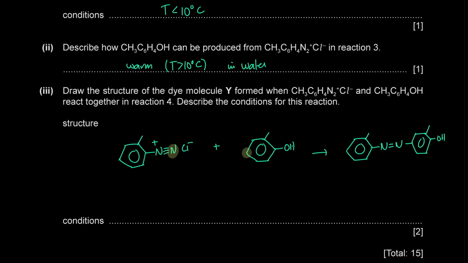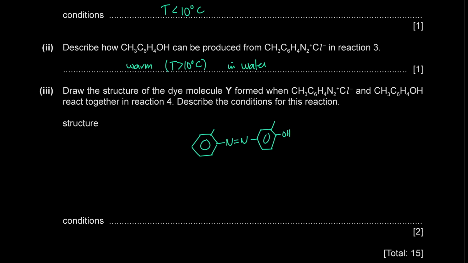So what we get is CH3C6H4 bonded to an N double bond N, and then this is C6H3, bonded to the benzene ring that has a CH3 group and an OH group. So I've written this down like this. This would be an acceptable answer as well.